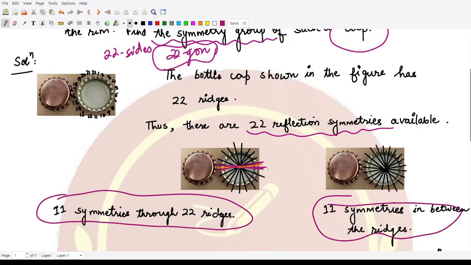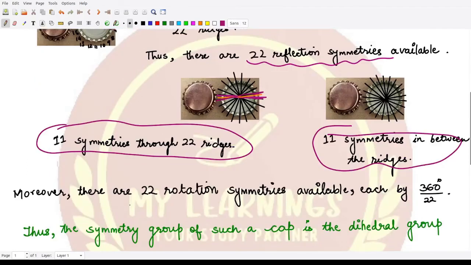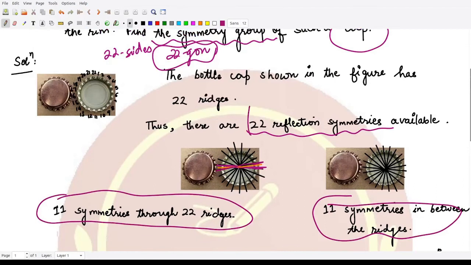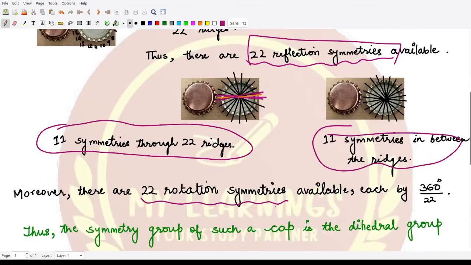So there are 11 orange lines and 11 purple lines, correct? So in total we have 22 rotation symmetries available to us. So 22 reflection symmetries and 22 rotation symmetries.